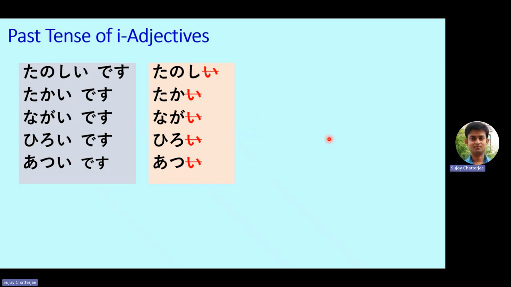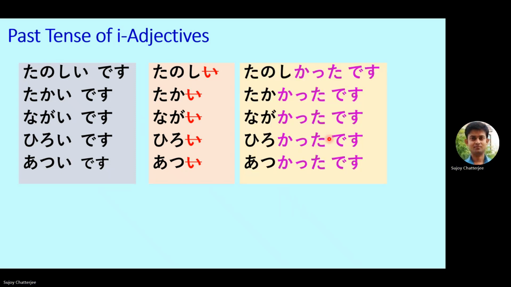So Tanoshi becomes Tanoshi without the i, Takai becomes Taka, Nagai becomes Naga, Hiroi becomes Hiro, and Atsui becomes Atsu. Now the next step is we have to add katta.